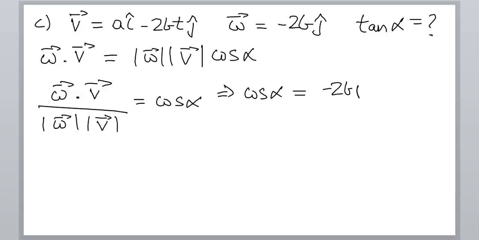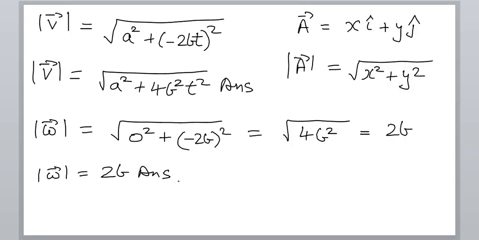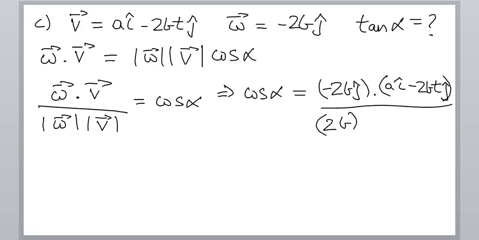W is equal to minus 2b j cap. I have to take the dot product of this with v vector, and v vector is a i cap minus 2bt j cap. But I also need to divide this by the modulus of w vector and the modulus of v vector. We calculated these two moduli. The modulus of w vector is simply equal to 2b. I calculated these two values over here, the modulus of w vector and the modulus of v vector, so I'm just substituting the values.